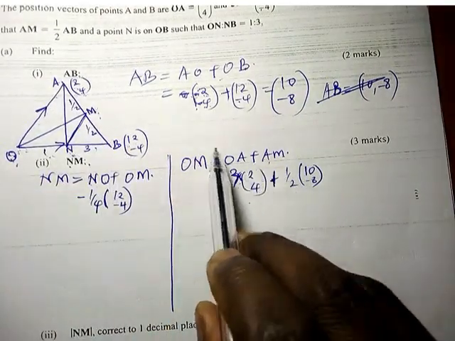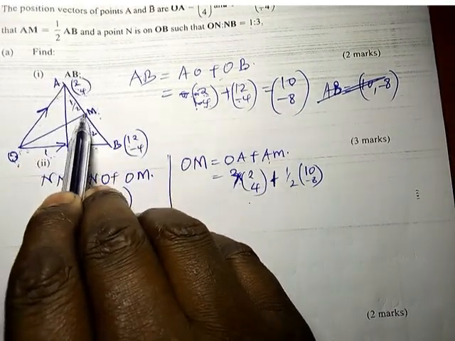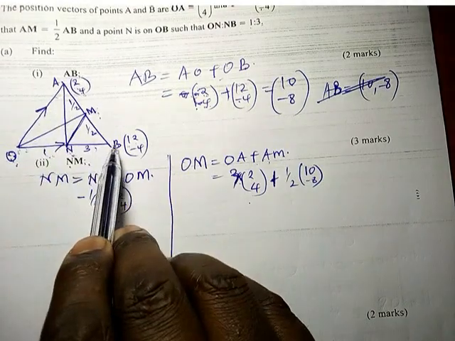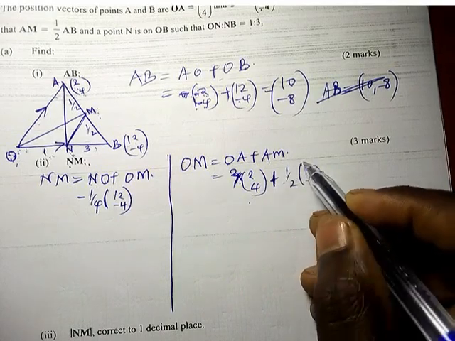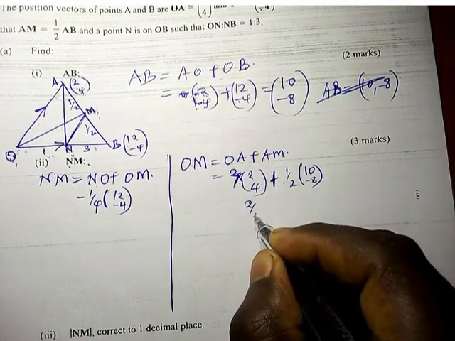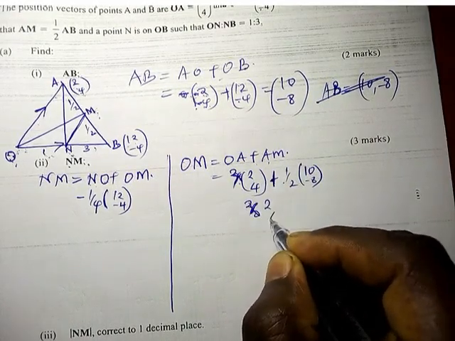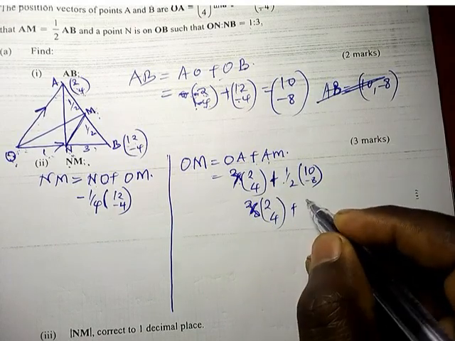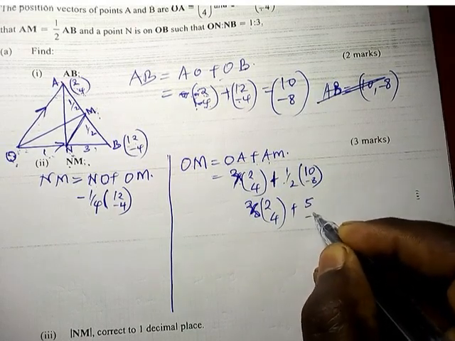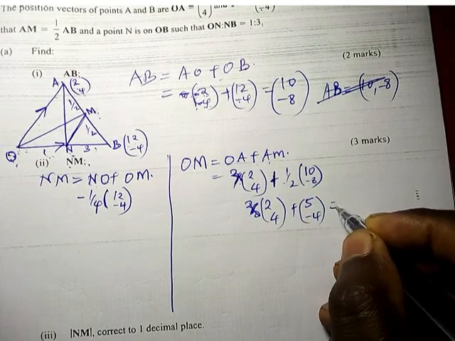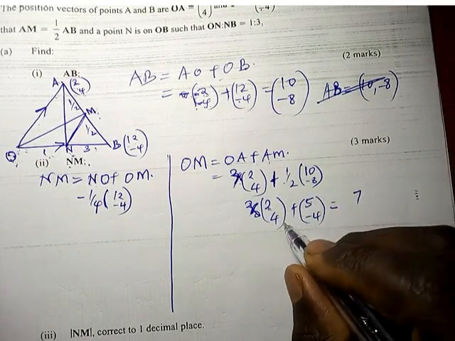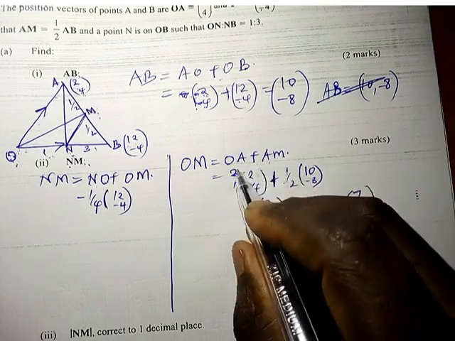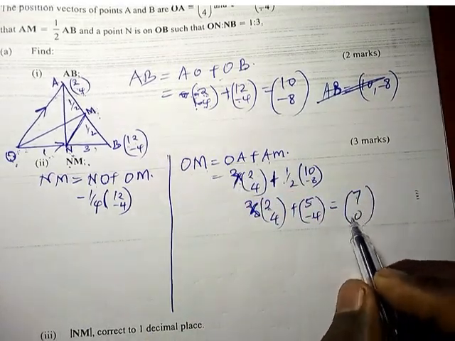Tulikuwa na AB. AM is a half AB. So ndio maana nimeweka a half AB. So 24 plus 5, -4. And that one gives us 7, 0. So OM is 70.